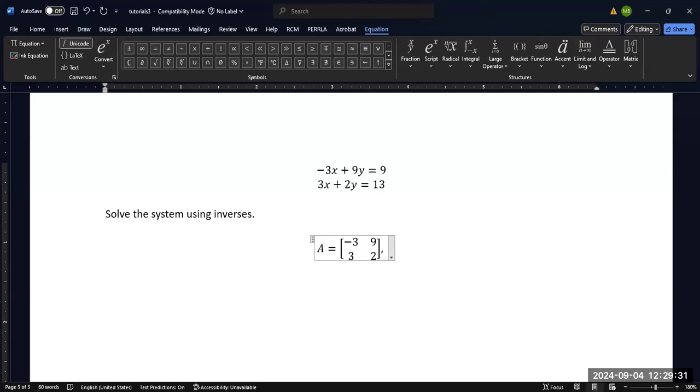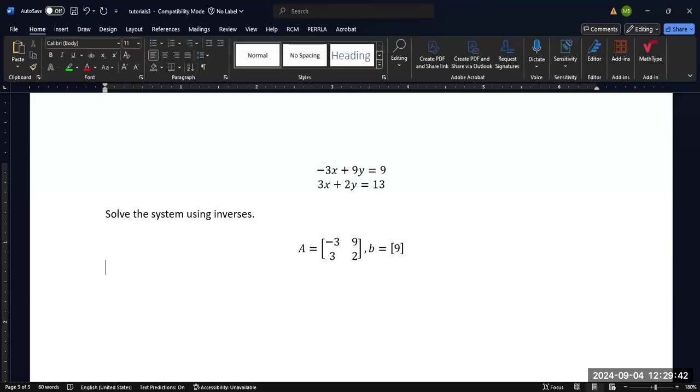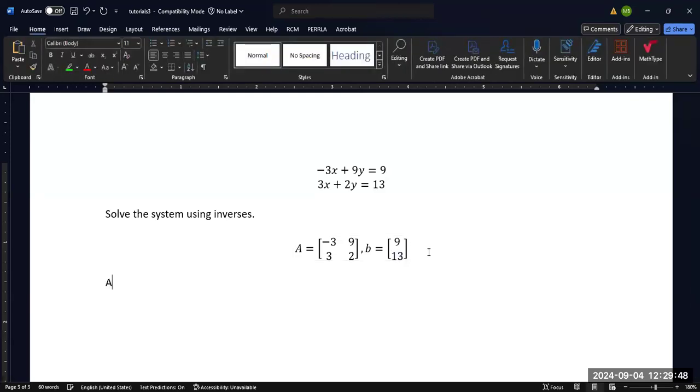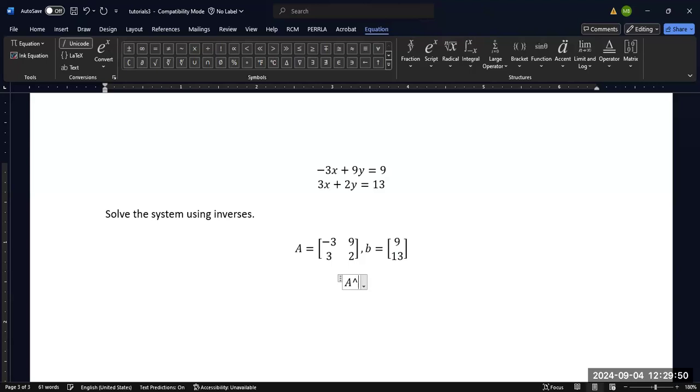And then our B matrix, AX equals B, for our system is just going to be the constants on the other side, 9 and 13.